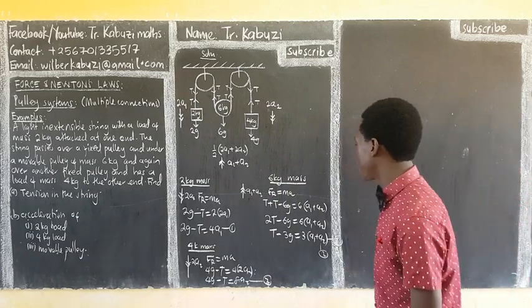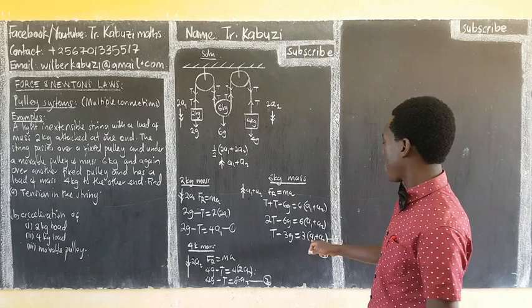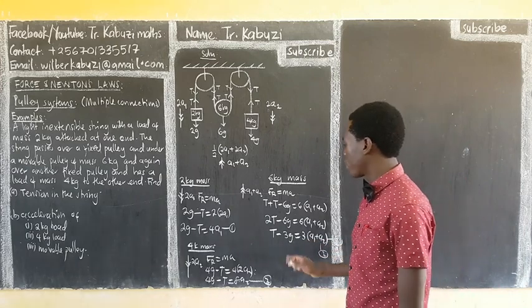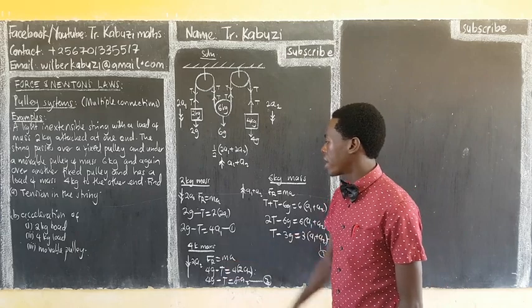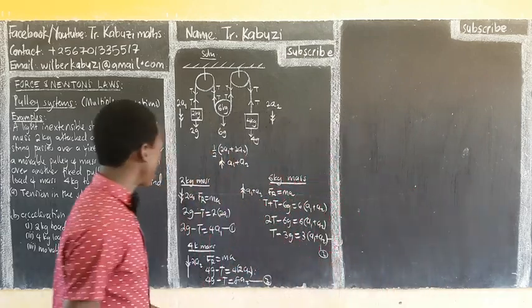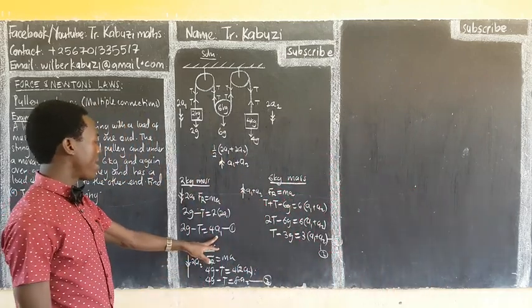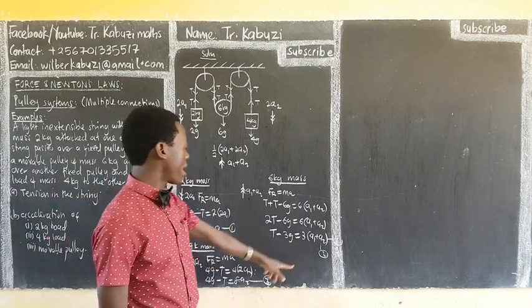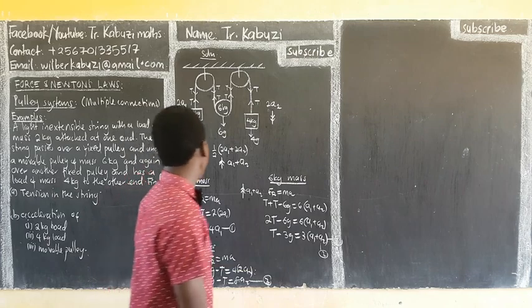So how are you going to do that? I have a1, I have a2, and I have t. g is always known. So what am I going to do? I'm going to make a1 the subject here, and make a2 the subject there, then I'll be having the t.